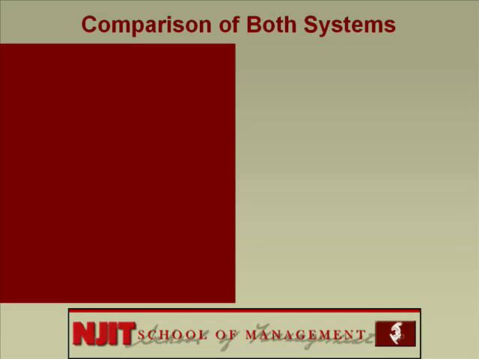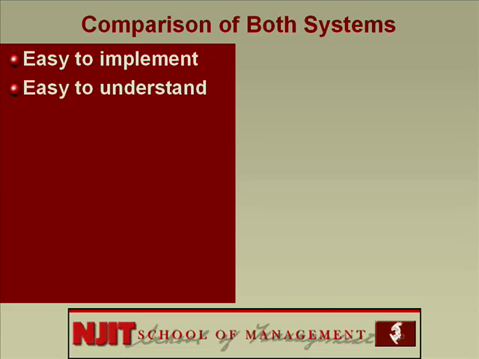Let's take the traditional system. The traditional system is easy to use, it's easy to implement, it's easy to understand, and most important, it's inexpensive. It doesn't cost much to implement.